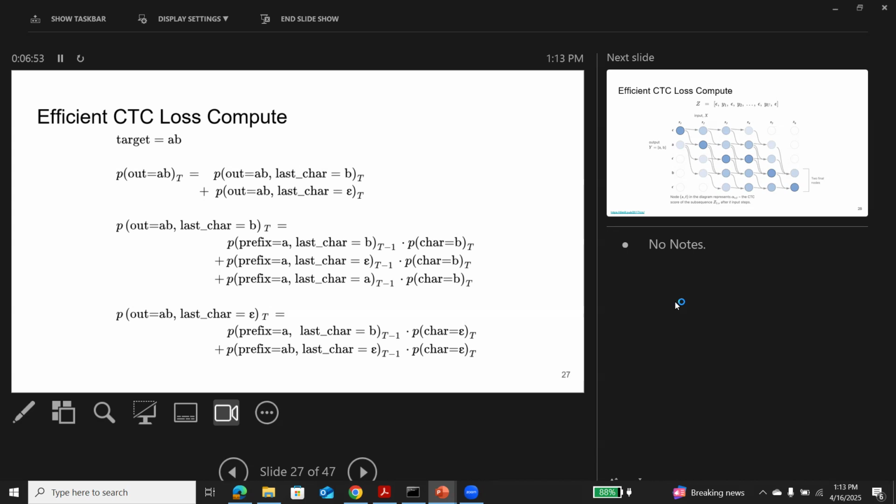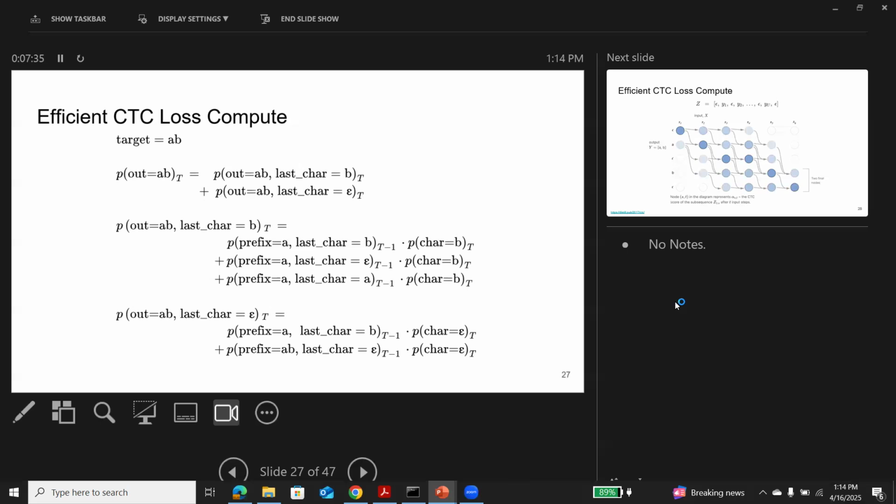So to get AB, we can get the first symbol A and the last character B, times the probability that the last character equals B. Also, we can have the prefix A, the last character this blank symbol, times the probability that there was B after this blank symbol.